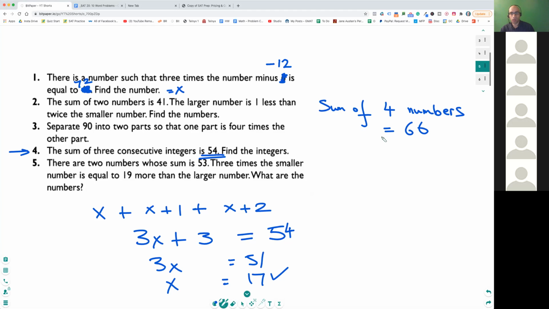So what are the numbers? Remember, the first number can be x. The next numbers will be x plus 1, x plus 2, and x plus 3. And the sum, you sum it up.